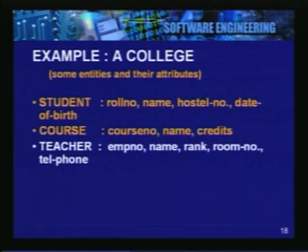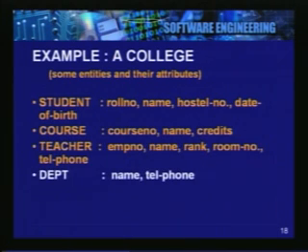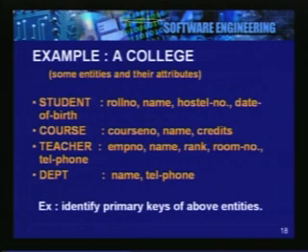Here is the teacher entity which has employee number, name, rank, room number, telephone as its attributes. Finally, we have the department as an entity, and the department has only two attributes, name and telephone. As a small exercise, you can try to identify primary keys for these entities.